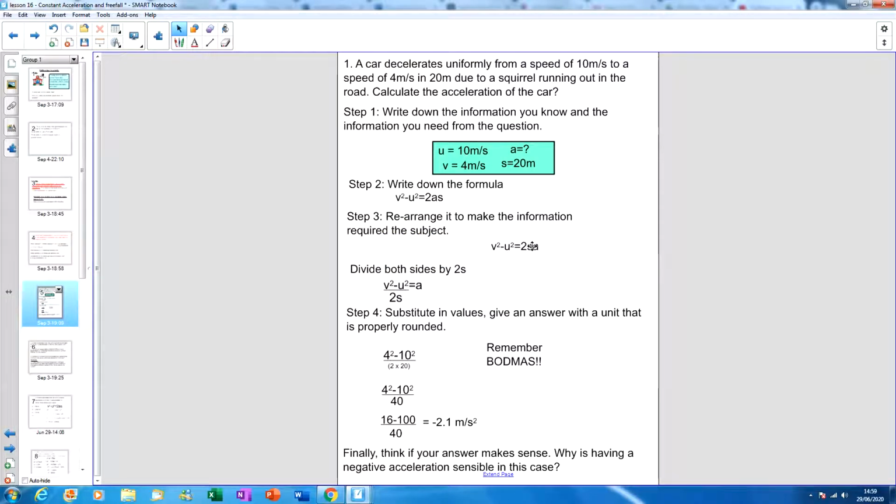So then I hope you see, if I divide both sides by 2s, and I'm allowed to do that as long as I do the same to both sides, I'll just put a little underline on that one so it represents divides.